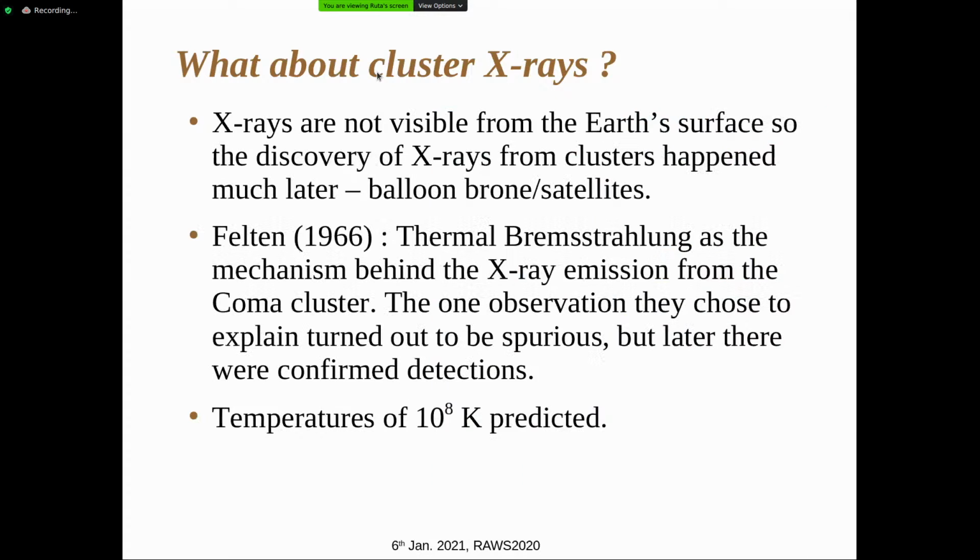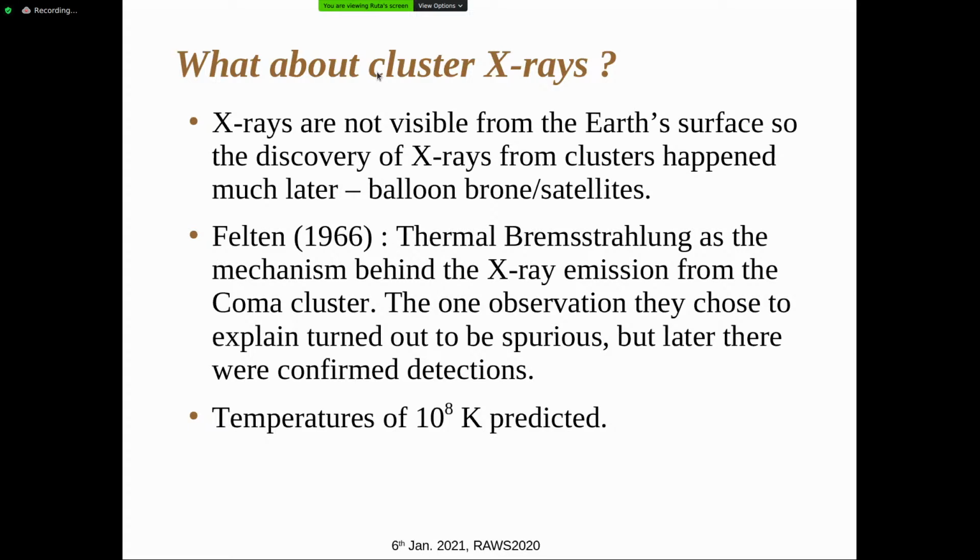This happened in the 60s and 70s when the first satellites or observatories were sent. Earlier, people were confused as to what this blobby X-ray emission was.